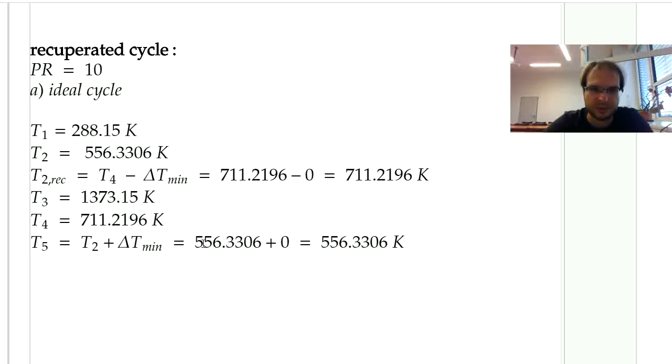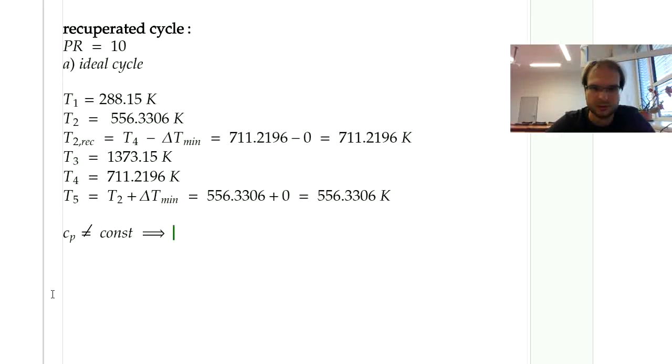If the specific heat capacity would not be the same, we would need to make sure that the heat transfer between the points 2 and 2 recuperated and 4 and 5 would be the same. So we would need to make sure that the enthalpy difference, enthalpy 3 minus enthalpy 2 recuperated minus enthalpy 2, would be the same as enthalpy 4 minus enthalpy 5.